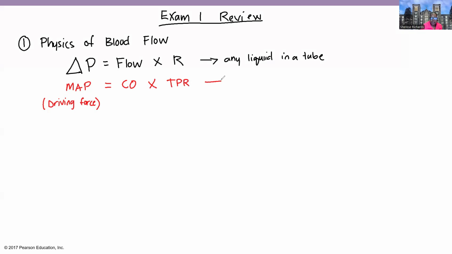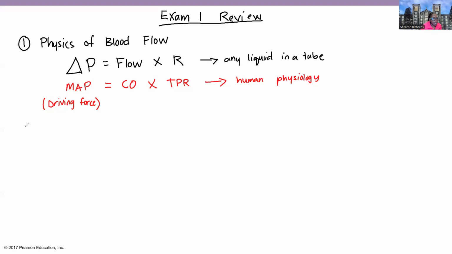And this is more relevant to our physiology. So this is the equation that you definitely want to recall, but this is how we got there, right? The same principles that apply to any liquid in a tube also apply to our blood in our vessels.